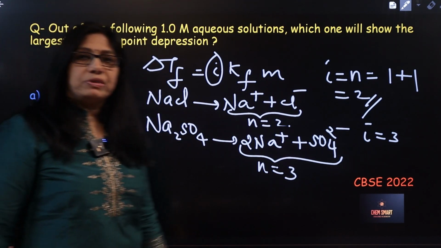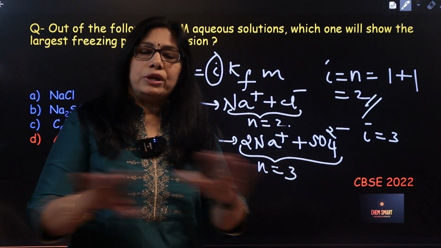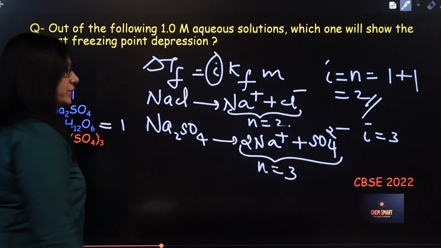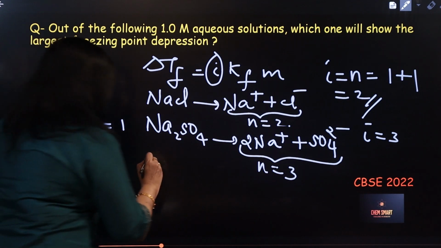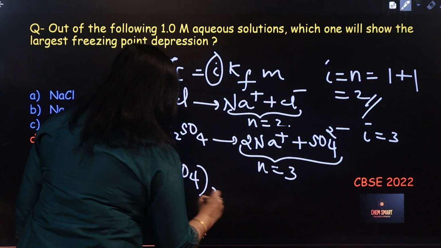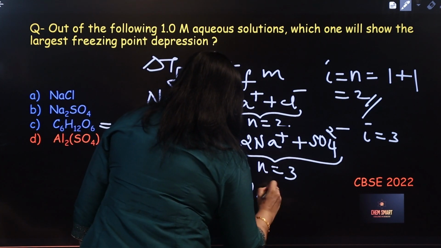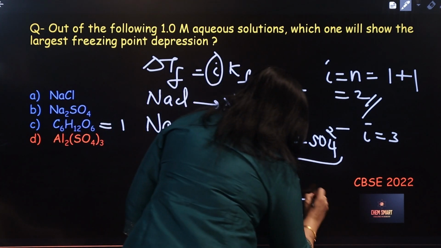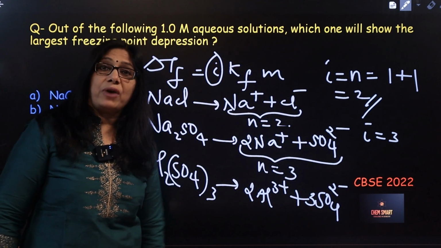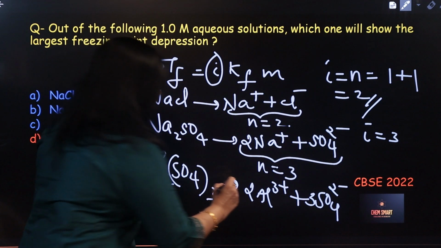Now next one is glucose, which is a normal solute, no dissociation, no association. So it behaves normally, I value is 1. What about aluminum sulfate? Aluminum sulfate will dissociate to form 2Al3 plus and 3SO4 2 minus. You can see 2 plus 3, 5 particles are produced after dissociation.